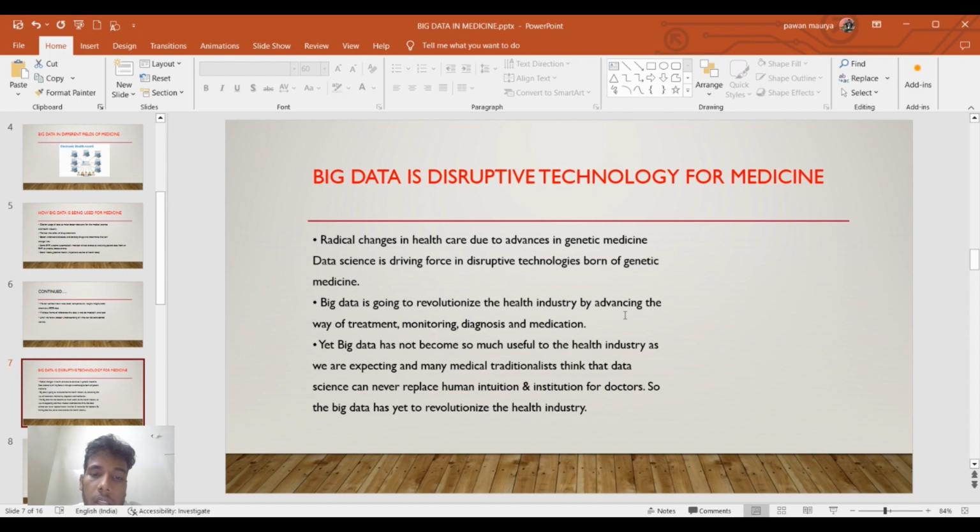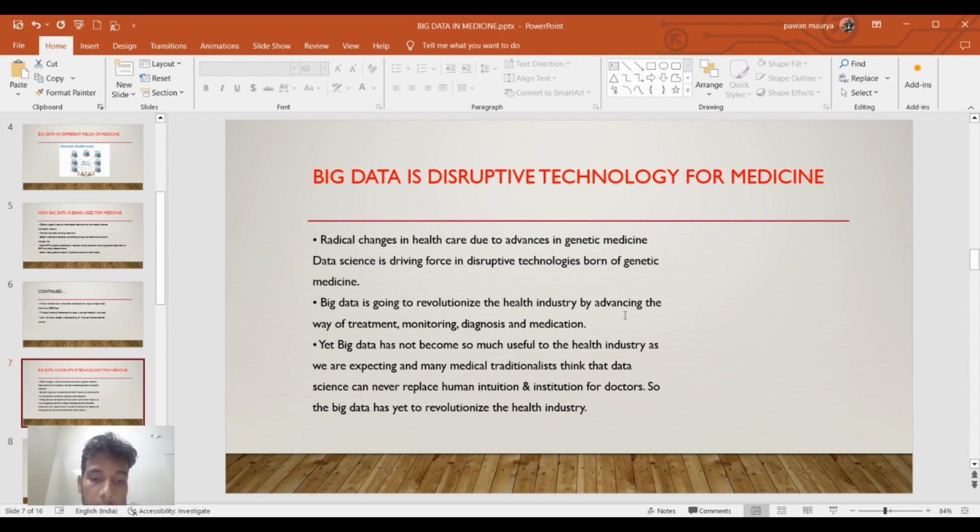Big data is a disruptive technology for medicine. Radical change in healthcare is due to advances in genetic medicine. Data science is a driving force in the disruptive technology born of genetic medicine. Big data is going to revolutionize the health industry by advancing the way of treatment, monitoring, diagnosis, and medication.